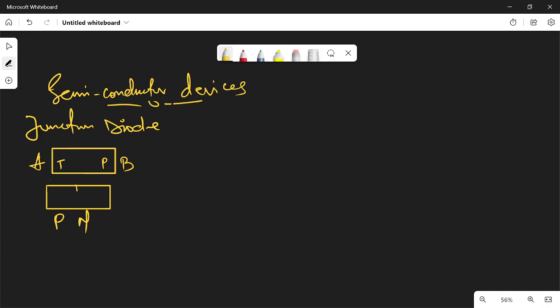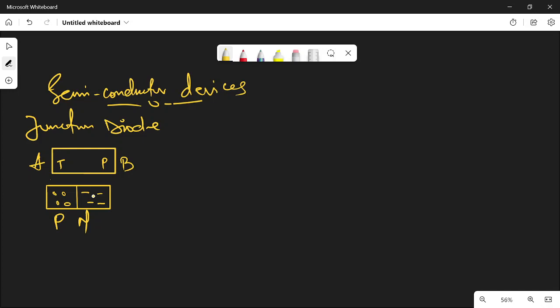PN. And then we have a straight line here. Are you seeing this now? So this is P, where we are going to have more holes. And this is N, where we are going to have electrons. You have N here simply because you add the pentavalent atom to this side, and you add trivalent atom to this side.